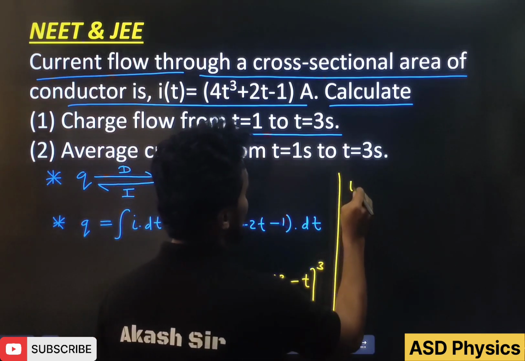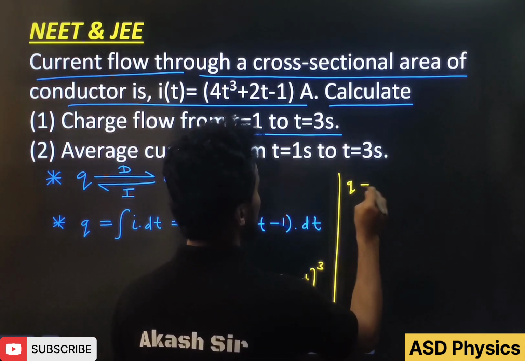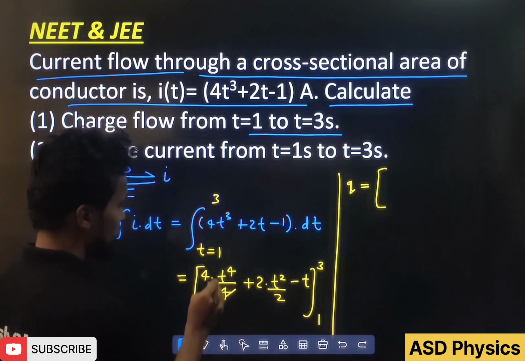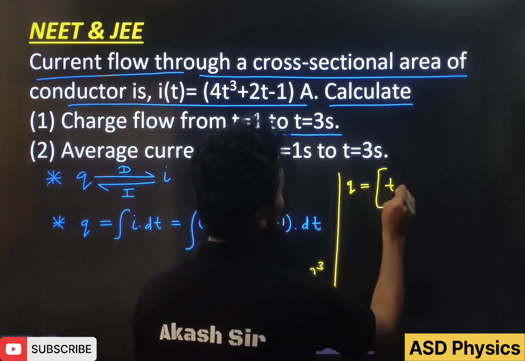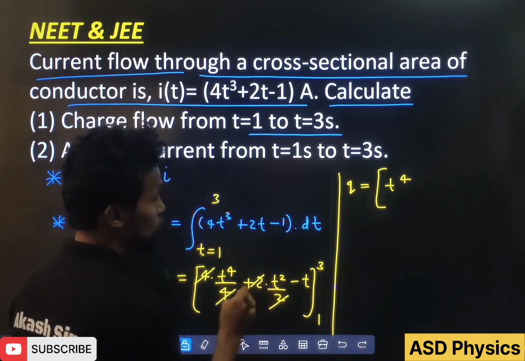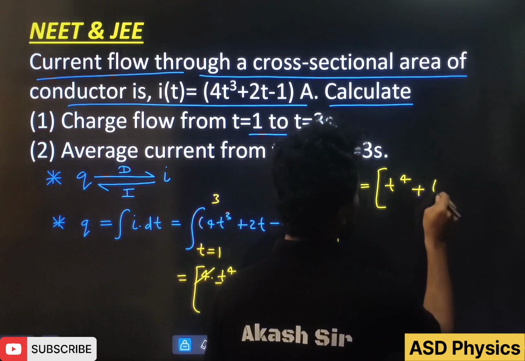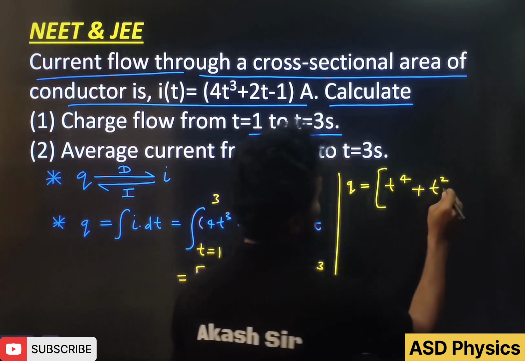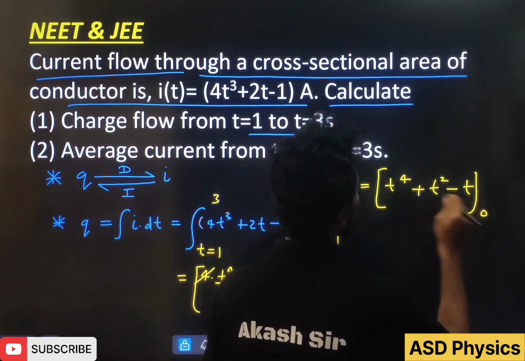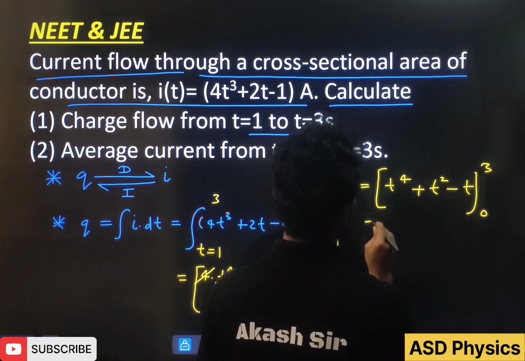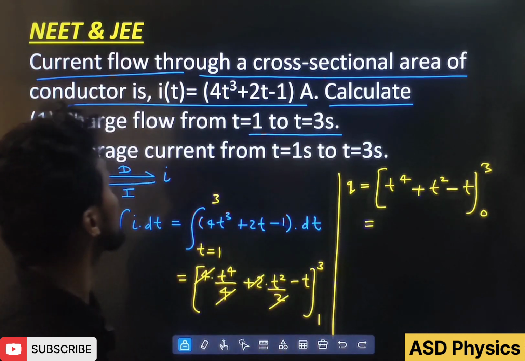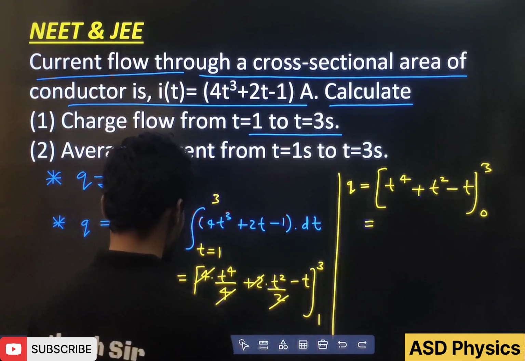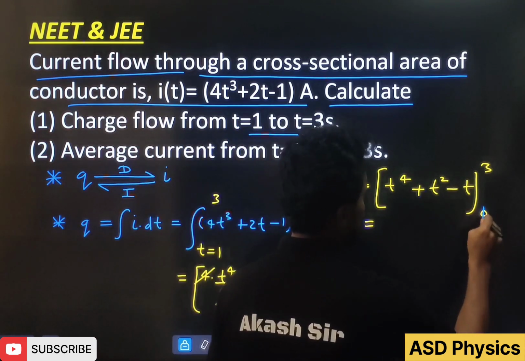Okay, so now we can write that this charge q is given by this: 4 and 4 cancel, so t to the power 4. Again this 2 and 2 cancel, that means plus t square, and here minus t. Where to where? 1 to 3. Okay, so see this is 1 to 3.